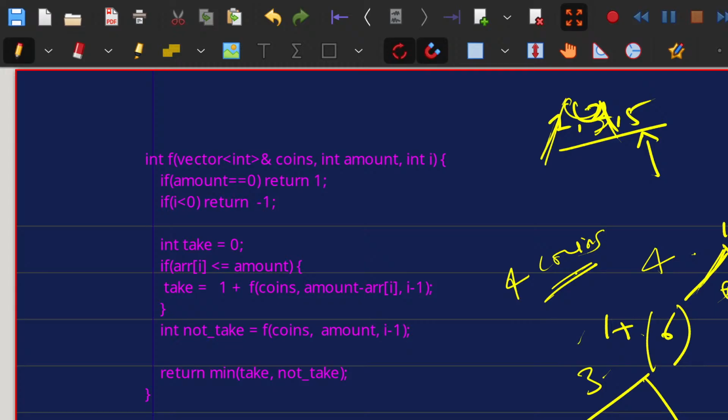But this will return minus 1, this will return minus 1, right? So this minus 1 will not work here, because we are adding 1 there.